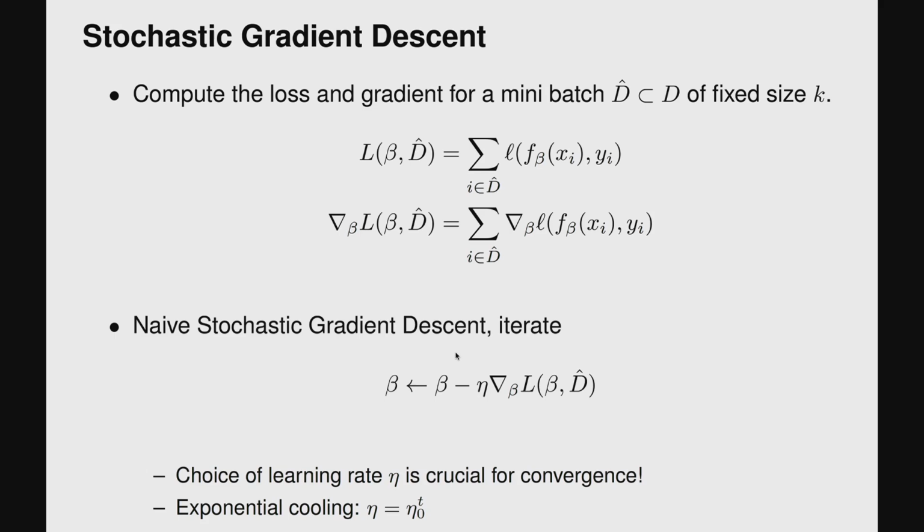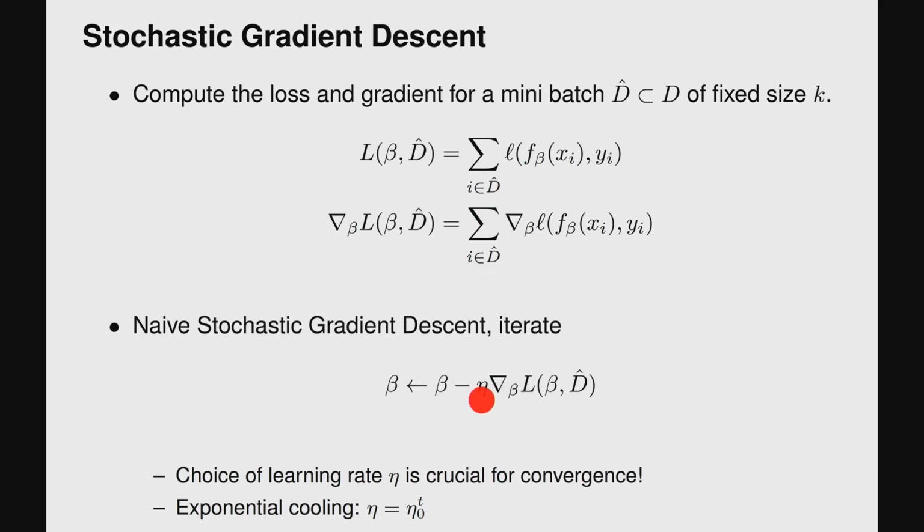With the next mini-batch, you have basically a different loss function, because this loss function is determined by this d hat. So by switching between different mini-batches, you effectively switch between different evaluations of loss functions. And even if you're stuck with one particular mini-batch in a local optimum, the next mini-batch may help you out.